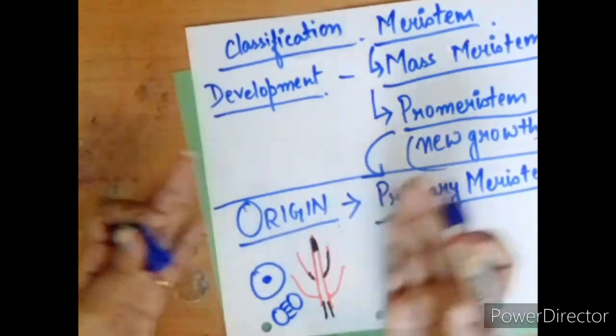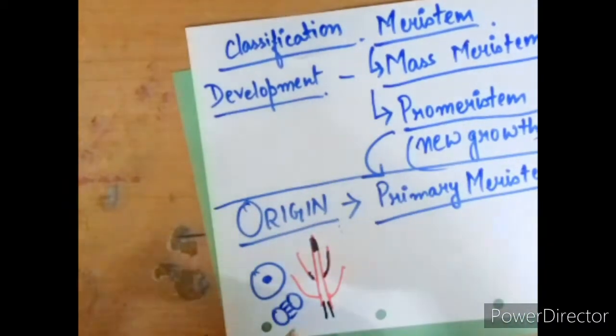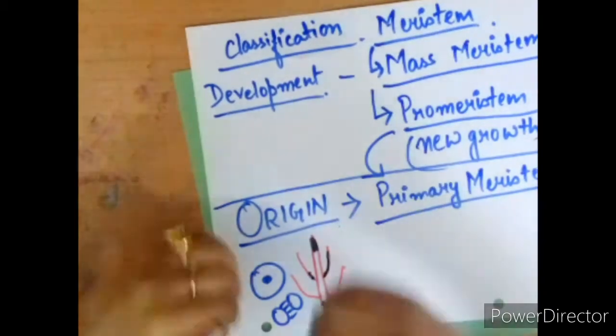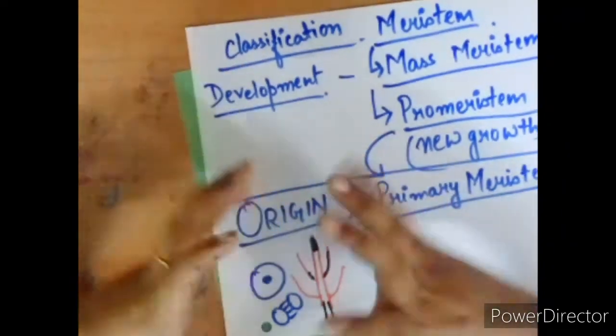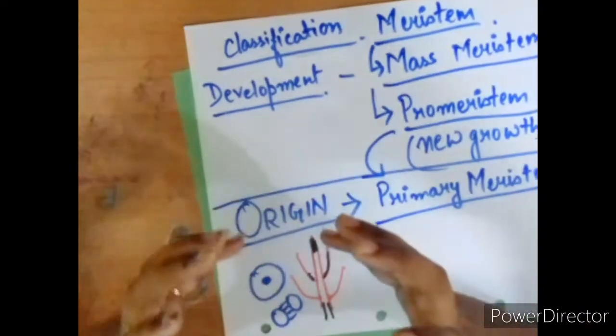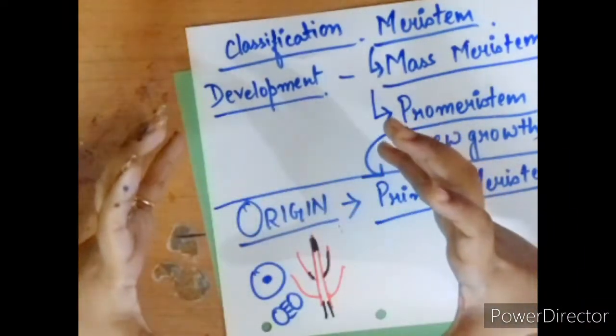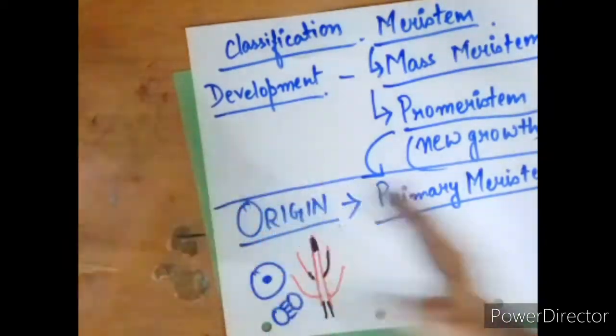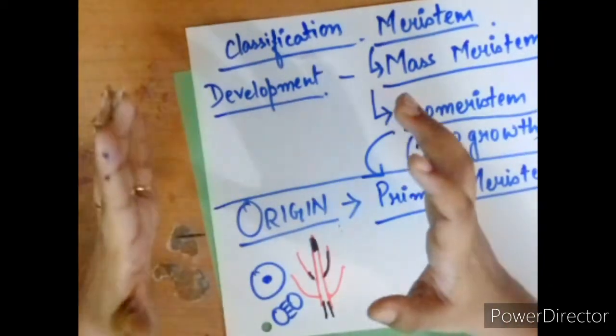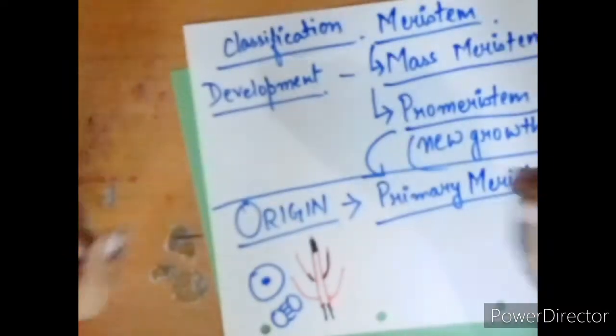So intravascular cambium means it is inside the vasculature, and it actually deals with the girth and the thickness of the plant, okay. One is development lengthwise, another in breadth. So secondary meristem deals with the breadth, the width of the plant.